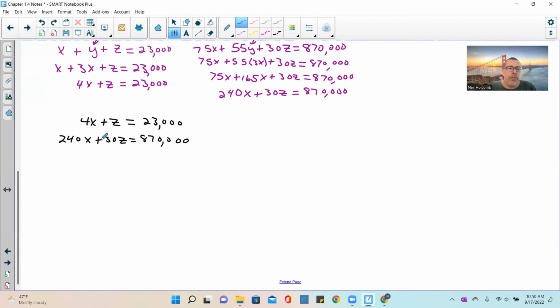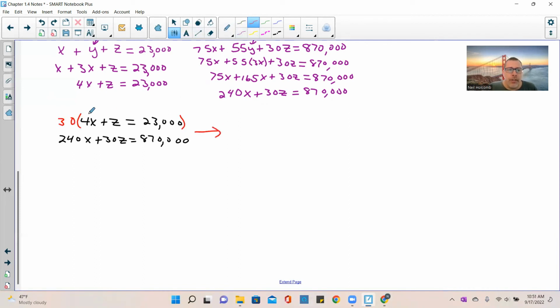And I want to get something to cancel here, and we don't want to use really big numbers. So if I look at z, I have 1z here, I have 30z here. So I am going to multiply this by 30.